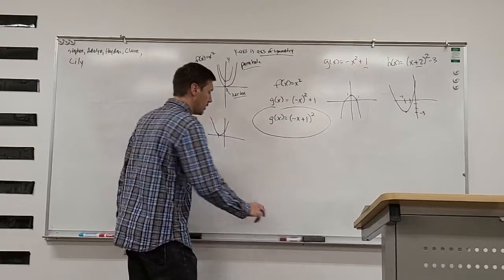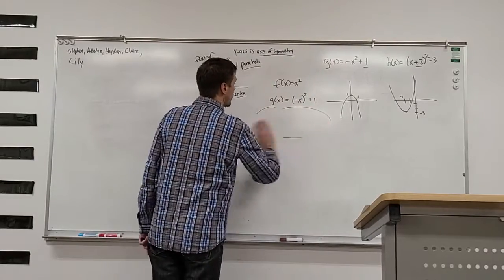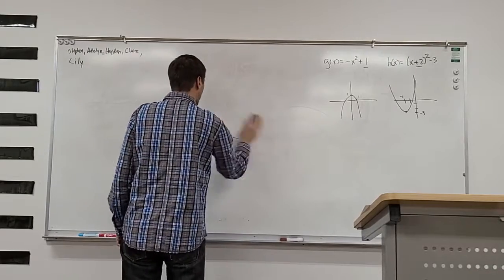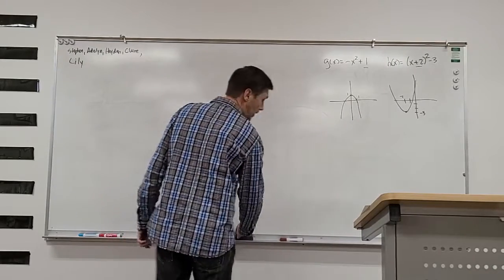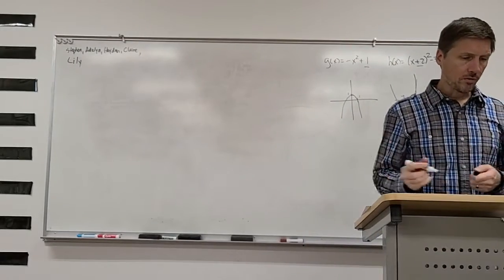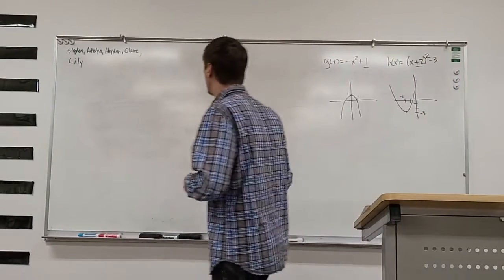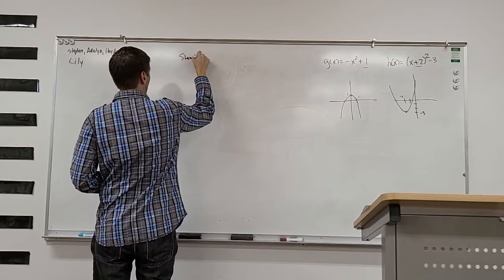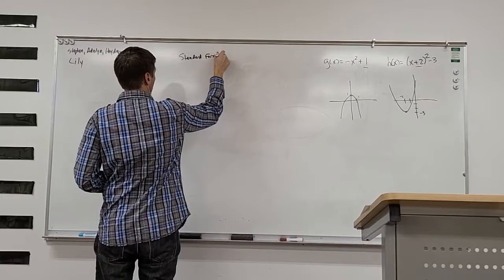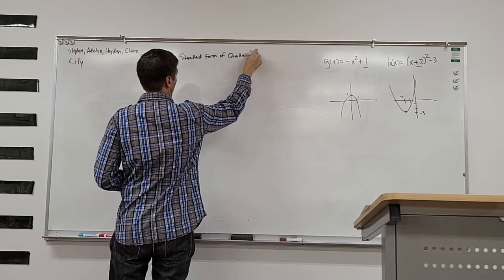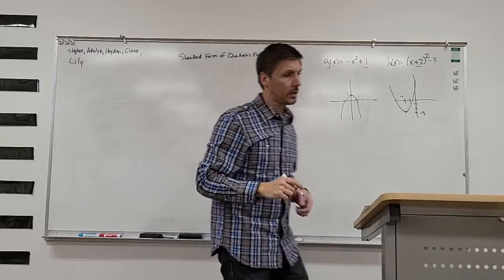All right, there's another form of the quadratic function, so we want to look at that real quick. And this is called the standard form of a quadratic function. Standard form looks like this.